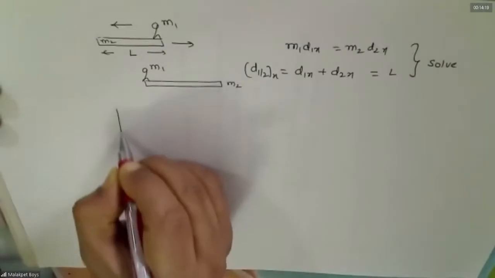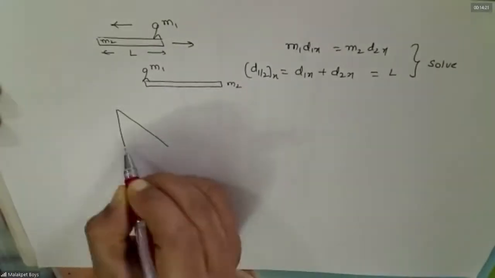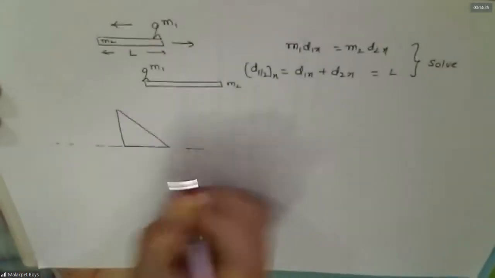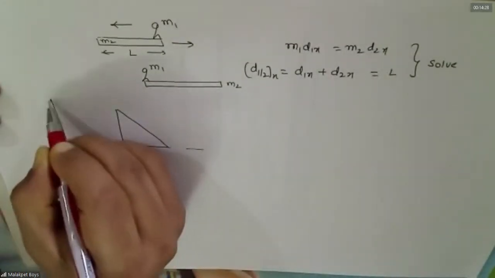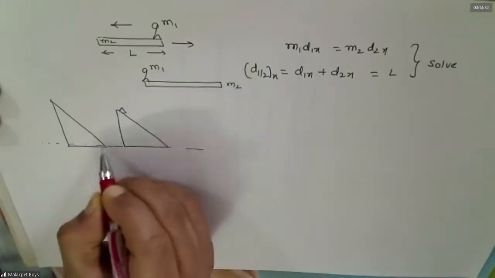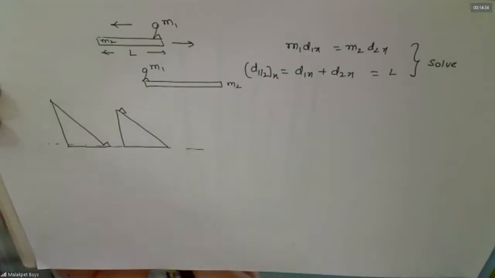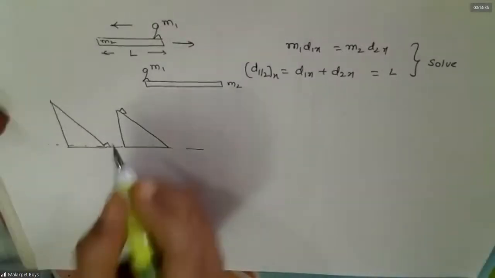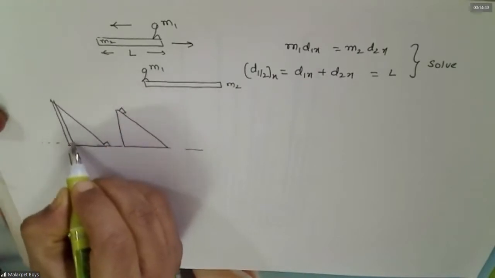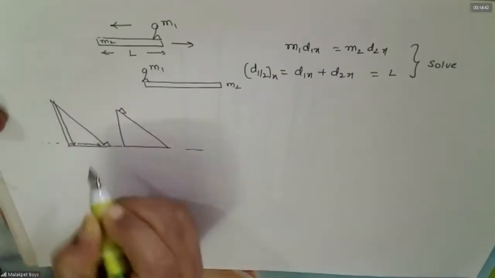In yesterday's problem, this object comes over here. For the object to come over here, it is displaced vertically and horizontally also.